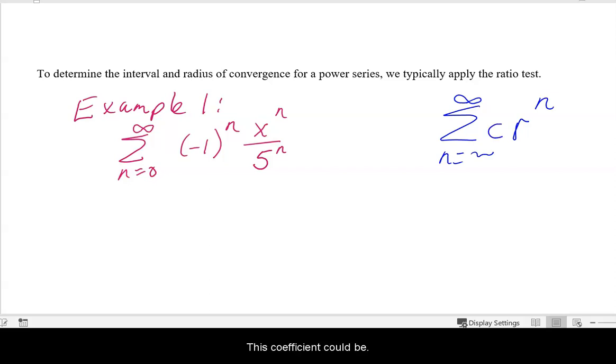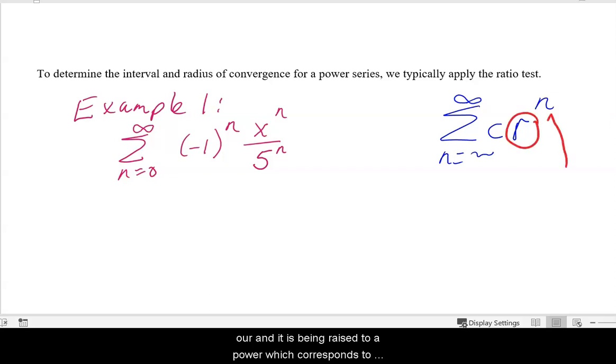This coefficient could be a constant anywhere from 5 to pi to e to the square root of 11. However, the basic form for a geometric is something that looks like an exponential. It is a base, which in this case is r, and it is being raised to a power which corresponds to the index of summation.